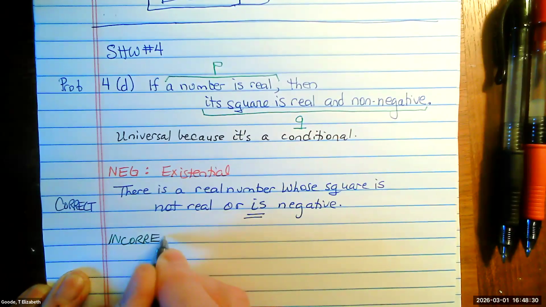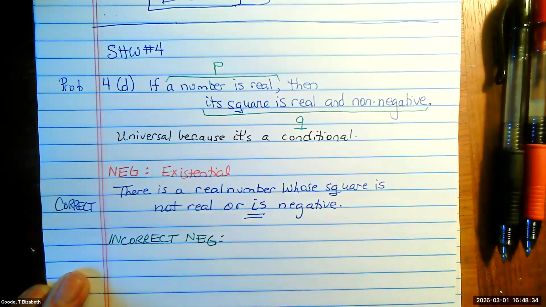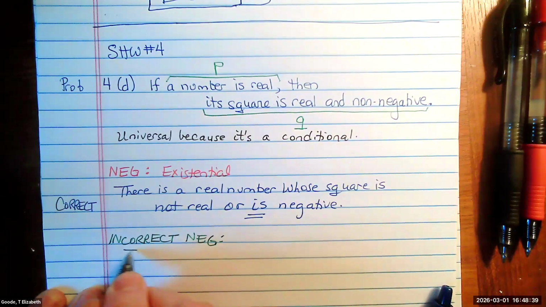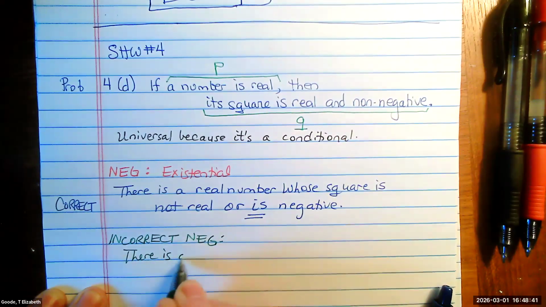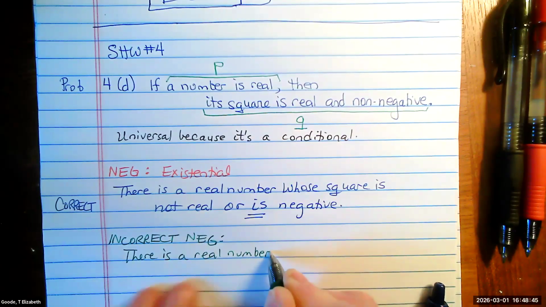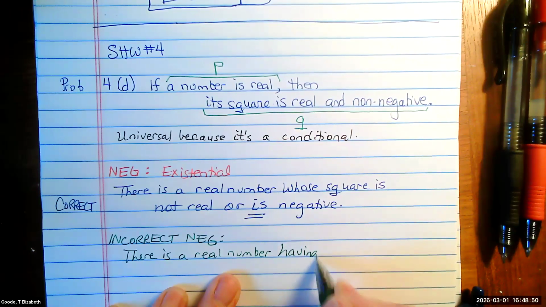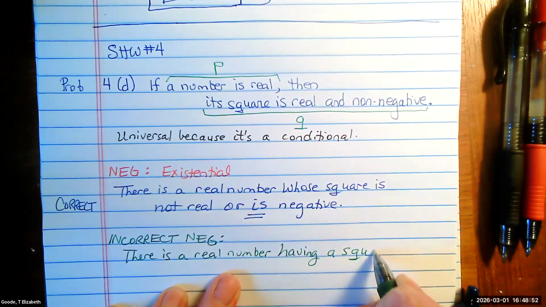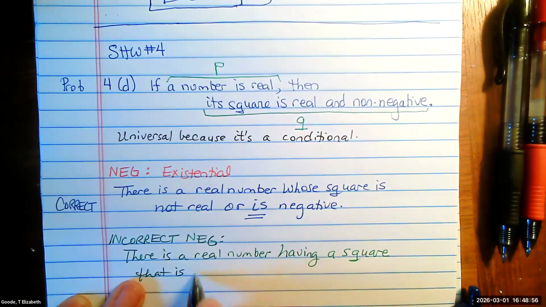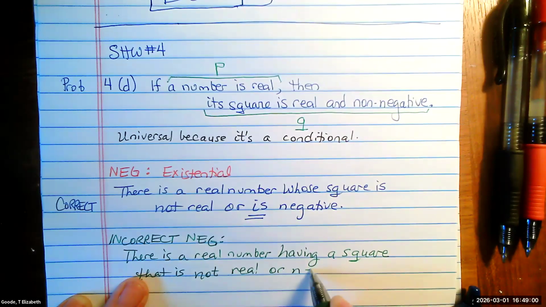I'll write a couple of them and we can discuss why they're incorrect. There is a real number having a square that is not real or negative.